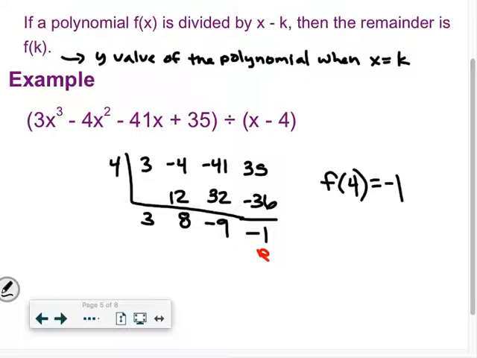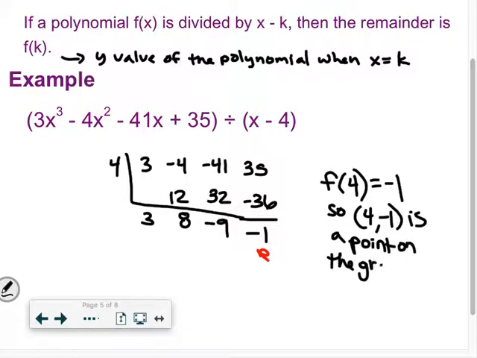It's basically evaluating my polynomial when x equals 4. The consequence of this function notation, f of 4 equals negative 1, is telling me that (4, negative 1) is a point on the graph. So it passes through that point.